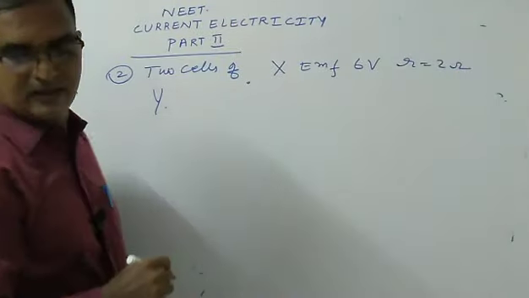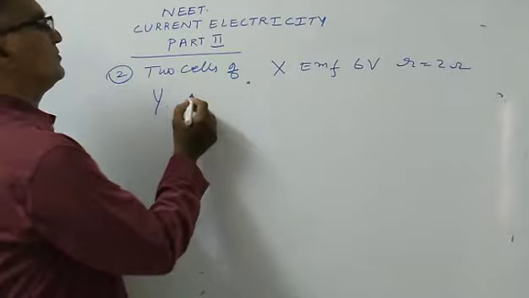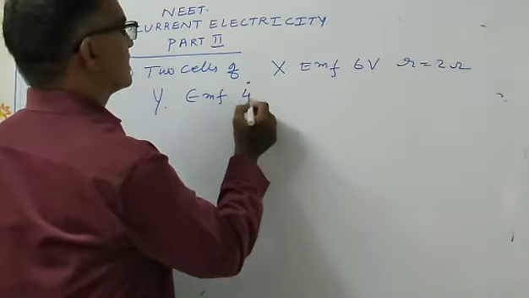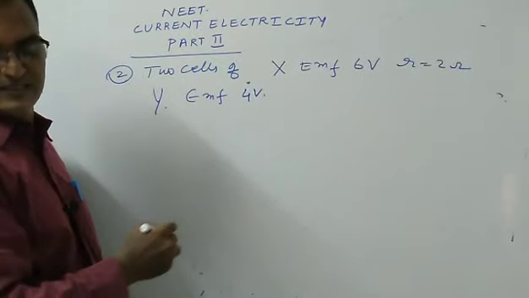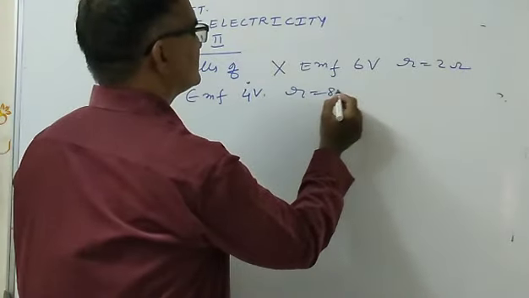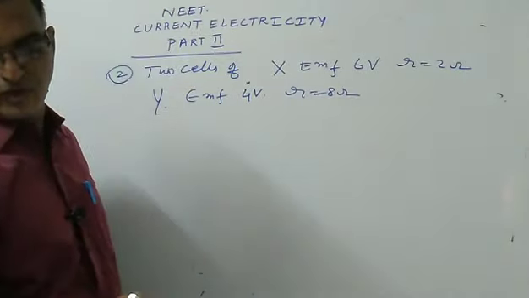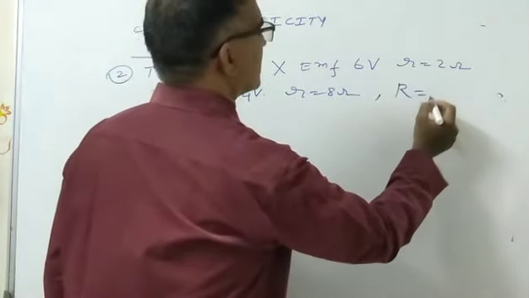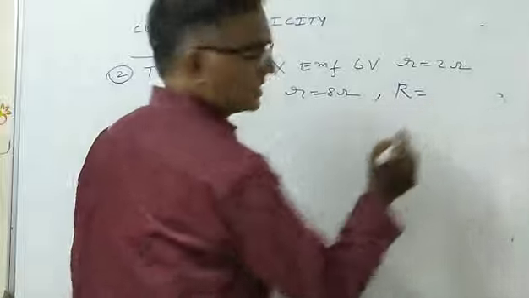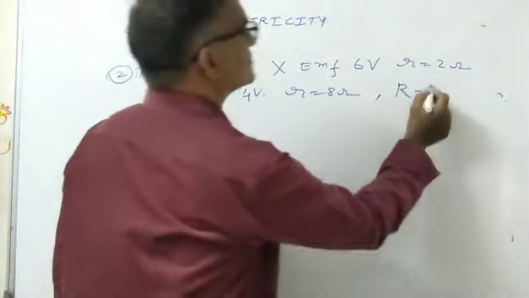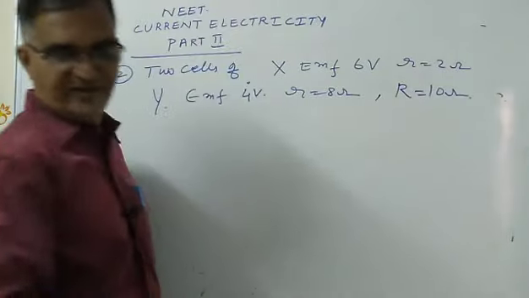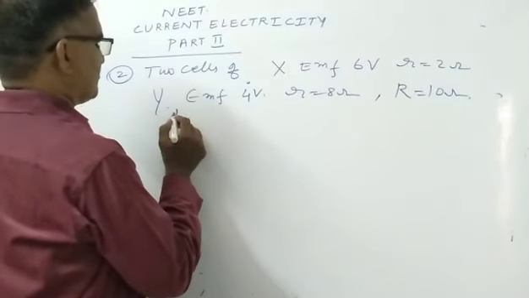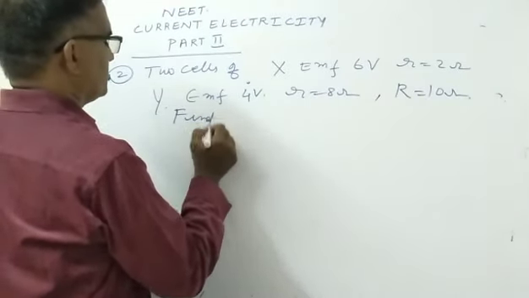Y has EMF 4 volts, internal resistance 8 ohms, connected to external resistance R equal to 10 ohms. Now we need to find the terminal voltage of Y. Terminal voltage of Y.